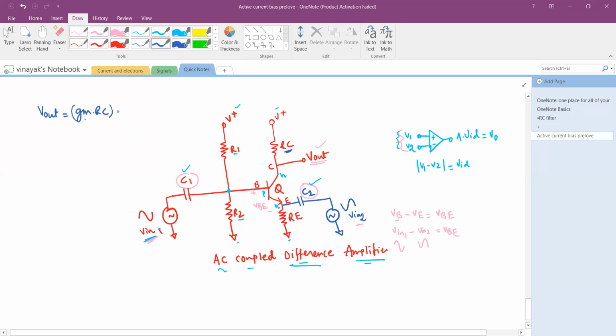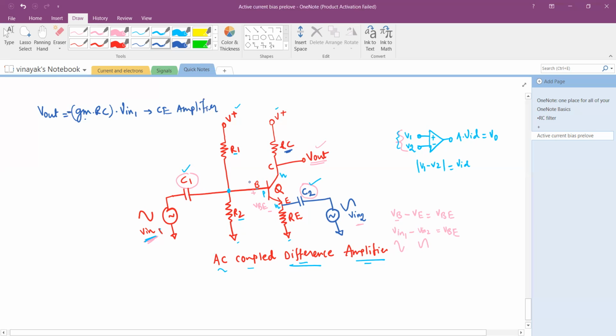So that becomes your gain. There is a minus sign because it is an inverting amplifier. So this is a CE amplifier, that is, a common emitter amplifier.